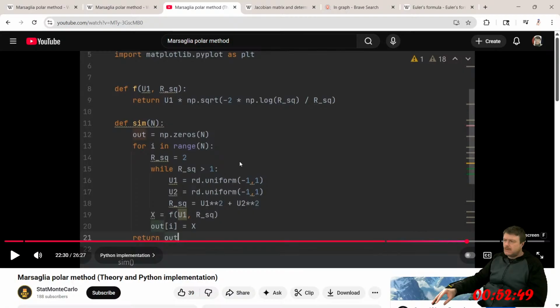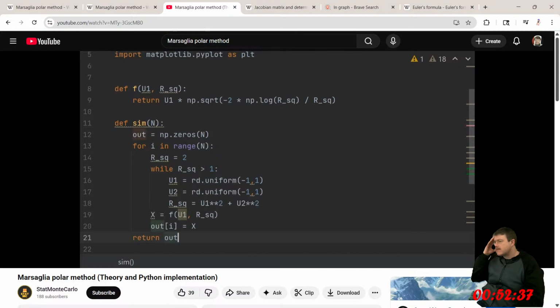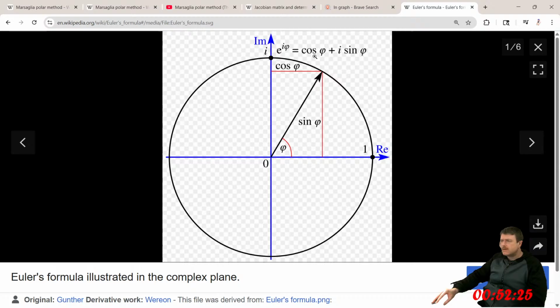So we took the logarithm of r squared. Okay, so what are we doing? We're doing an e to the x thing, where we're converting from cosine theta plus I sine theta into our e to the x, because we don't want to do the cosine and sine.